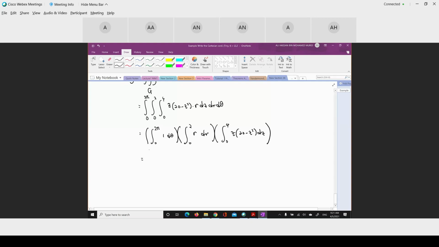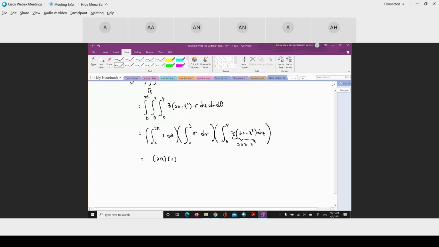This is 2 pi. The first integral is 2 pi. The second integral is r squared over 2, which is 4 over 2, which is 2. What about this third one? This is 20 z minus z cubed.